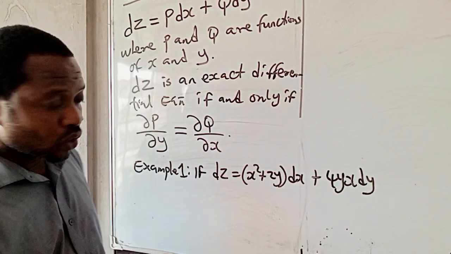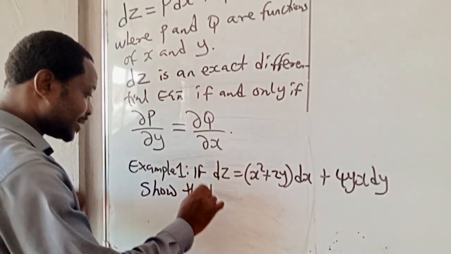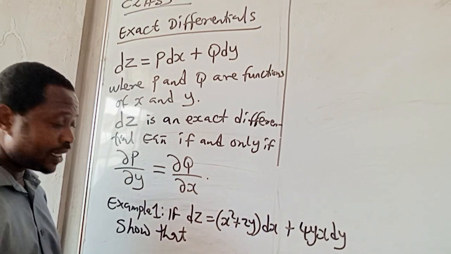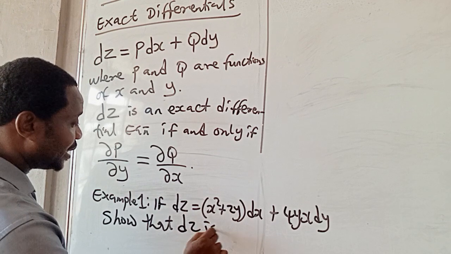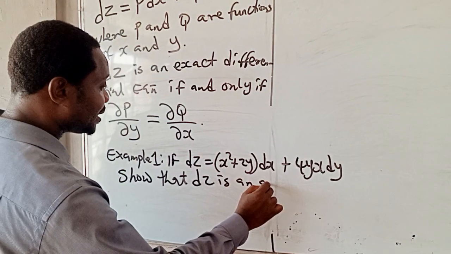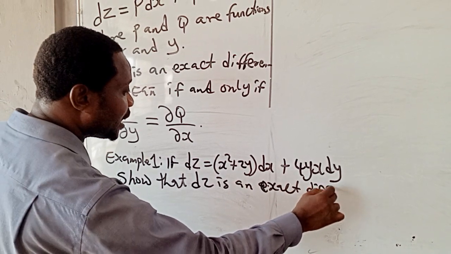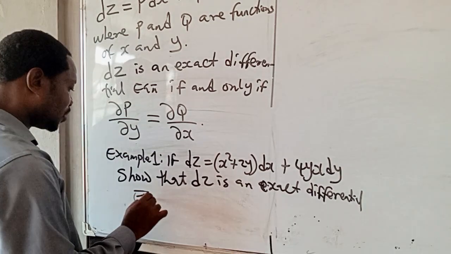So your duty is to show, because the question is show that what we have is an exact differential equation. Show that dz is an exact differential equation.